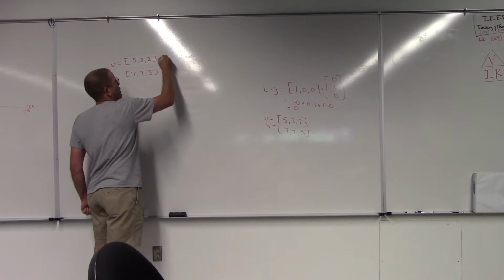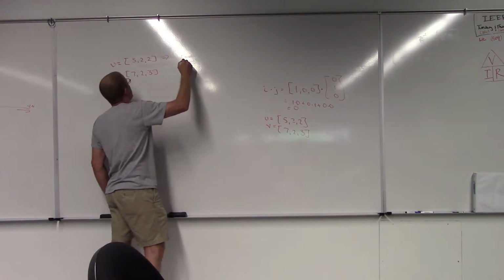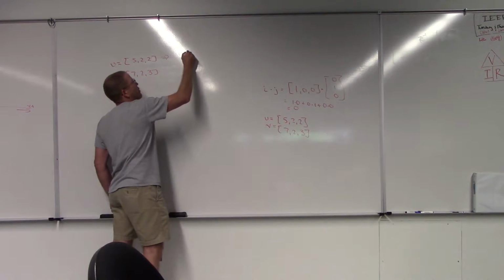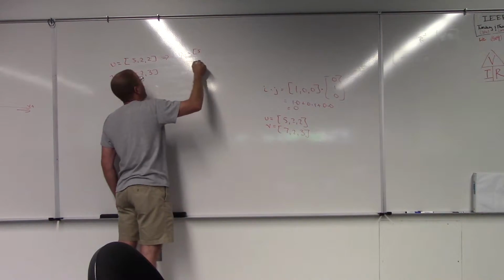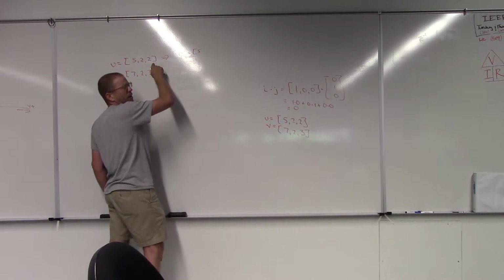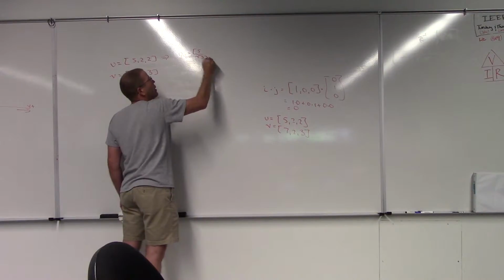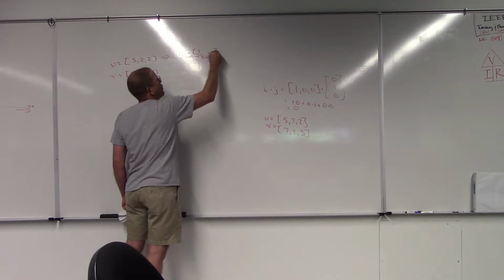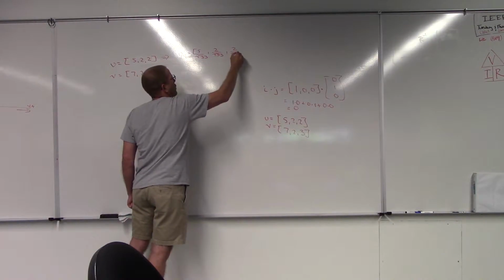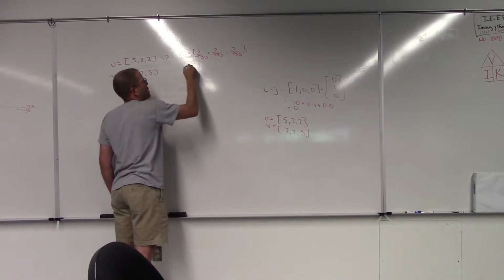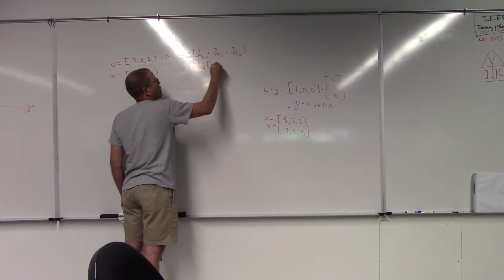So if we want to express u as a unit vector, it'll be u sub u, which will equal 5 divided by the magnitude of the vector, square root of 33, and 2 over square root of 33, and 2 over square root of 33, which we could express as 1 over square root of 33 times 5, 2, 2.